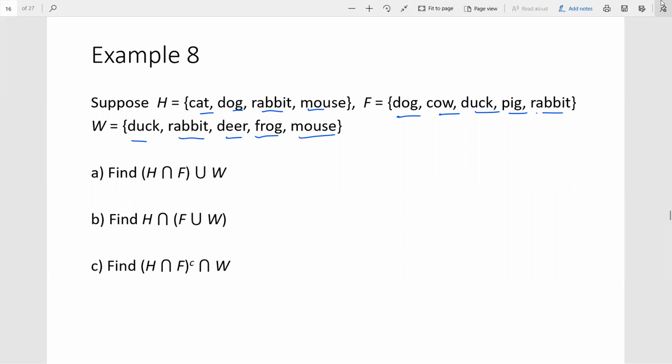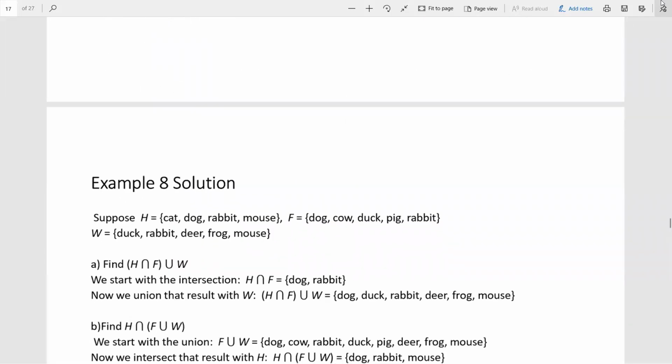We want to find the intersection of H and F, union with W, and then find H intersected with the union of F and W, and then finally find the intersection of H and F complement, intersected with W. So let's slow down and take a look at this.